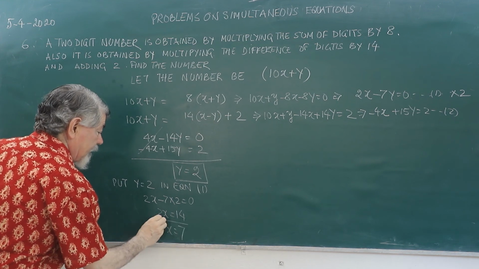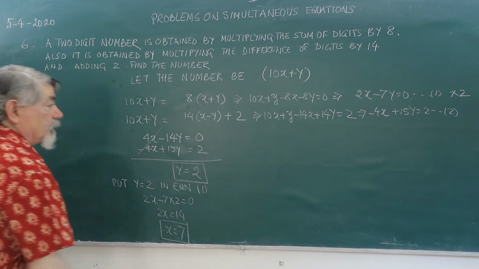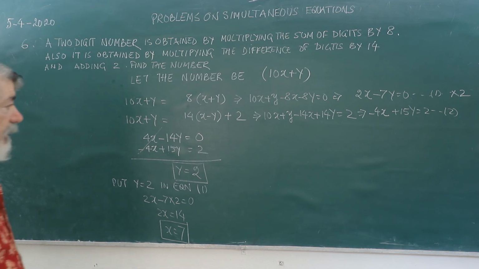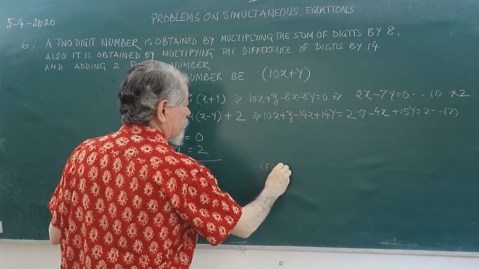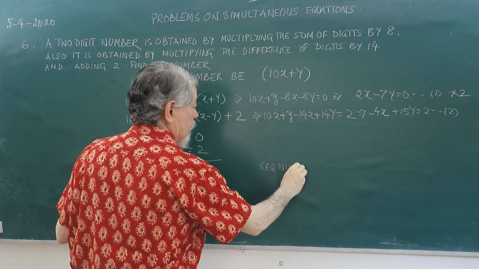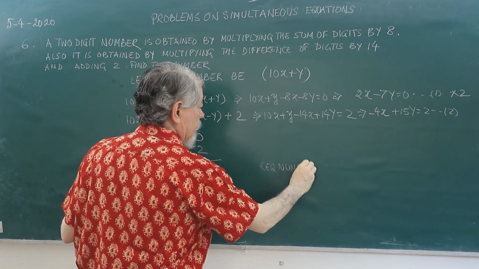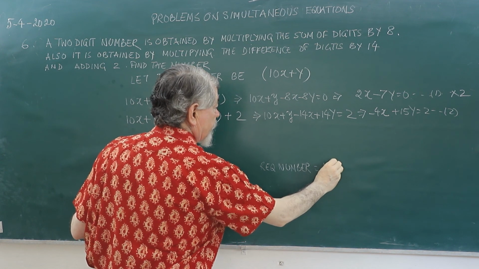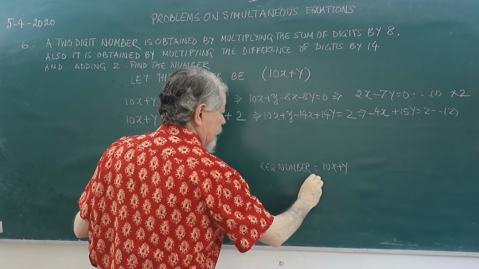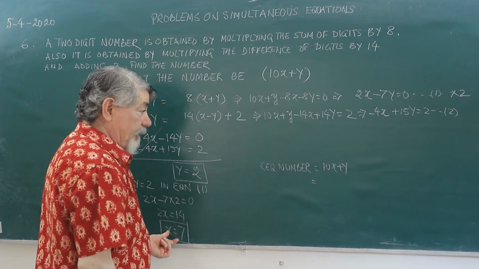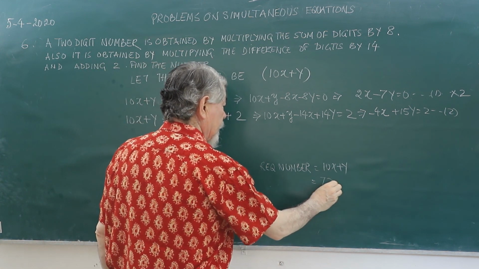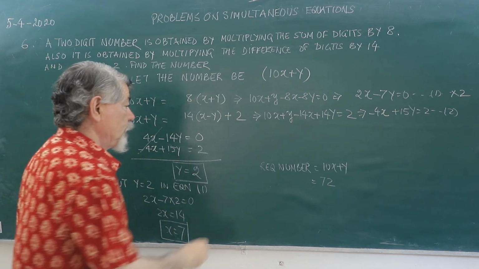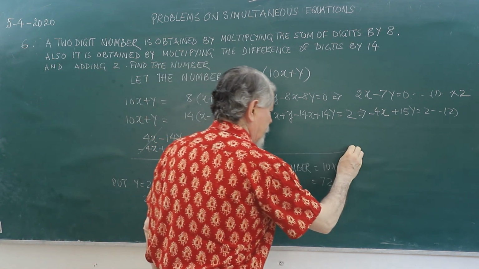So x is 7 and y is 2. So what will be your required number? It will be 10x plus y, that is 10 into 7 plus 2, that is 72. So this is your required number.